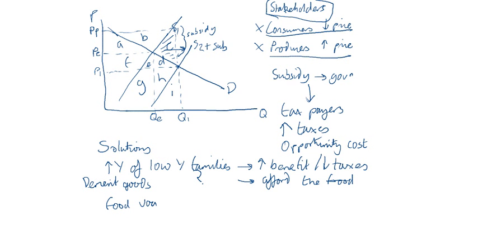So food vouchers. This could work by the food vouchers being handed into the supermarket for these particular items, and then the supermarket claims the money back from the government.